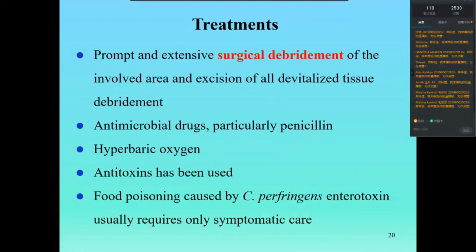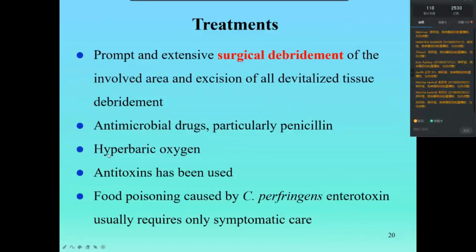And treatment, we introduced that because they cause infection in the deep tissue, we should use surgical debridement to remove the bacteria from the deep tissue. And we can give the patient antimicrobial drugs, particularly penicillin, to kill the live bacteria.